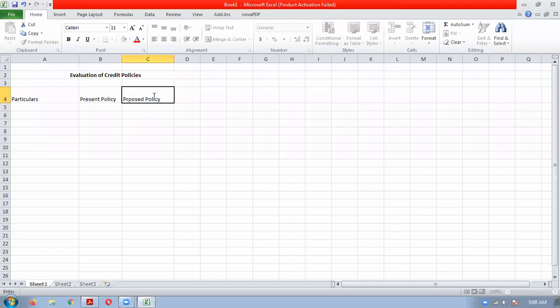We'll not write 1, 2 because in the question it is given A, B, so we'll use those words only. 4 policies are there.